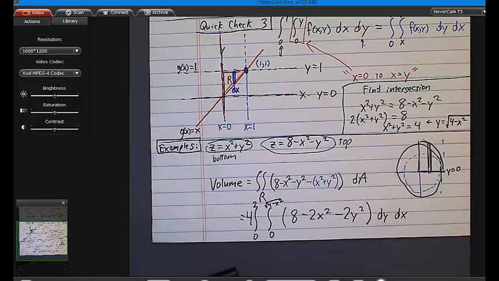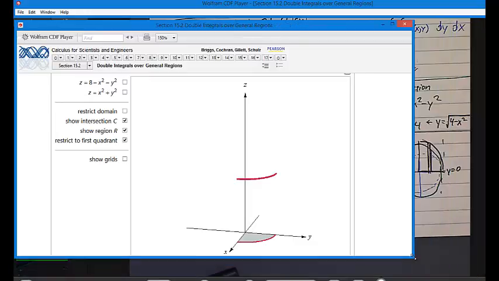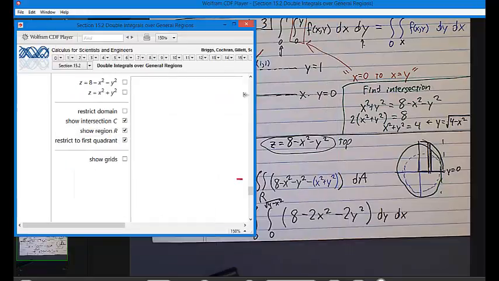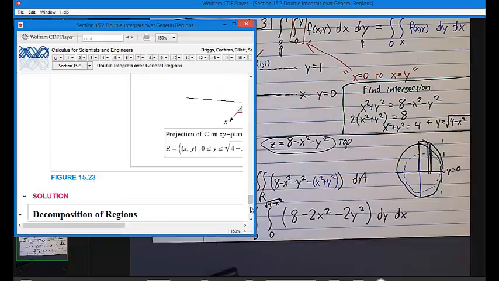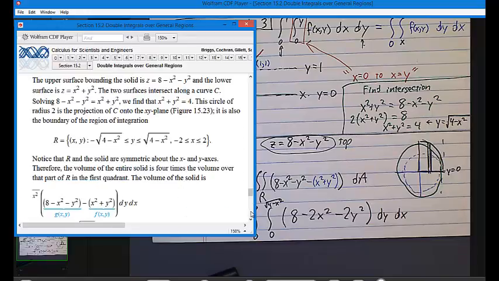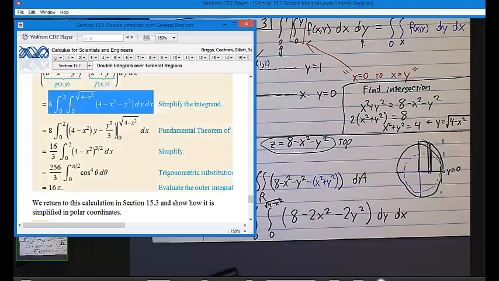Let's take a peek and see what they do. Make it smaller in case you're still looking at the stuff I was writing. Okay, the solution to this. The important thing is, did we set this up right?